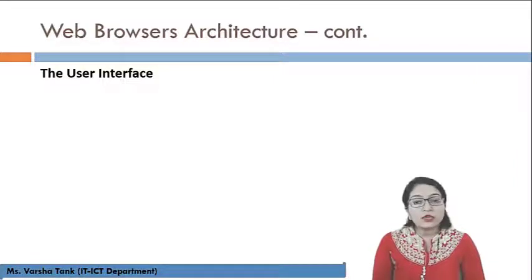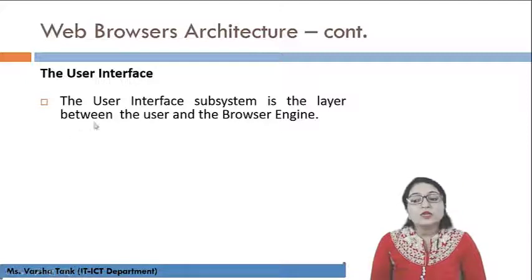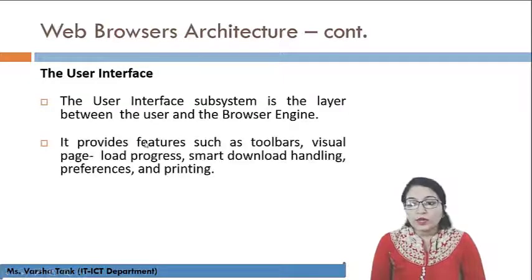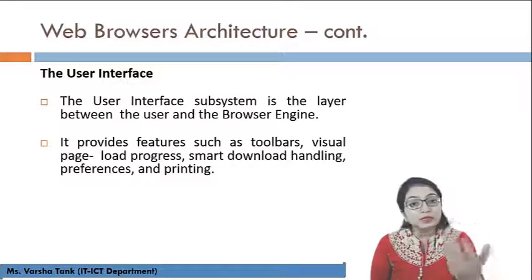What is the use of the user interface in the web browser architecture? The user interface subsystem is the layer between the user and the browser engine. It provides features such as toolbars, visual page load progress, smart download handling, preferences and printing. Whenever you open any browser, you have that UI visible to you.